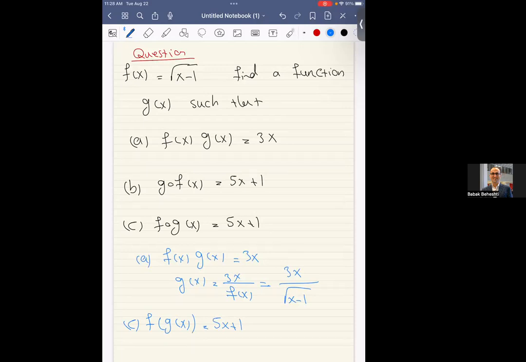F of g is just square root of g of x minus 1, because f of x is square root x minus 1. That means the square root g minus 1 is 5x plus 1. Therefore, g of x minus 1 is 5x plus 1 squared.